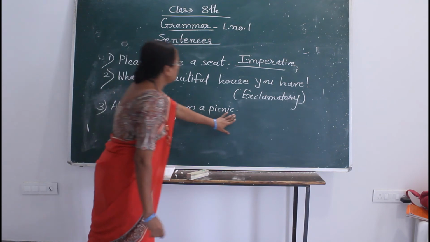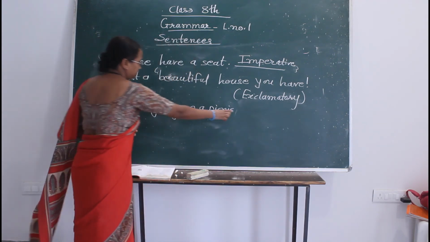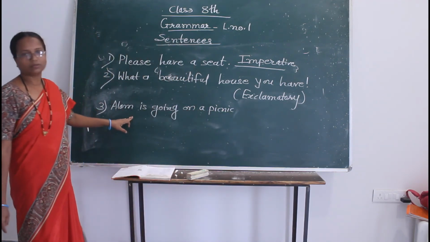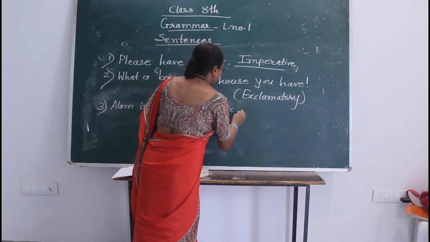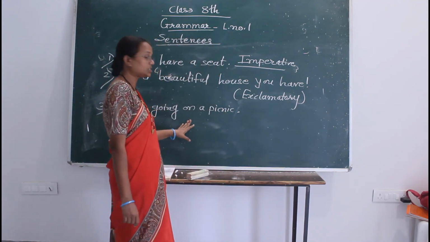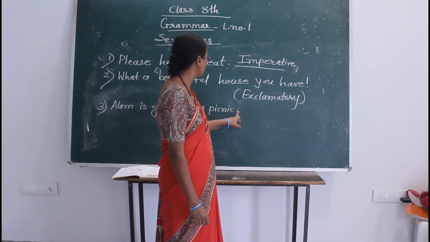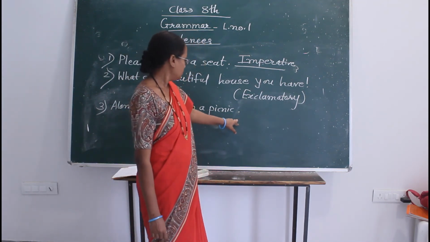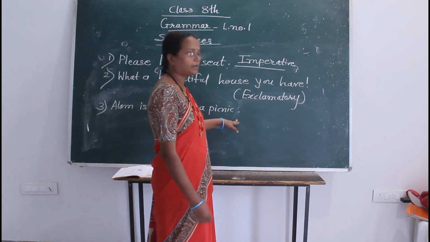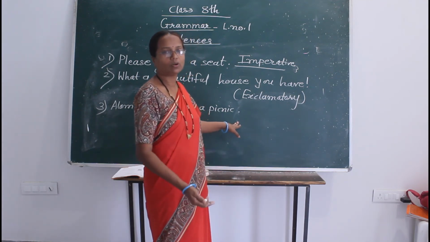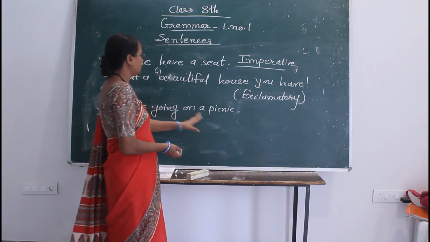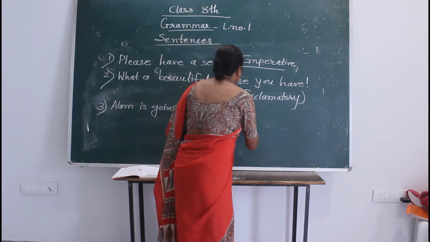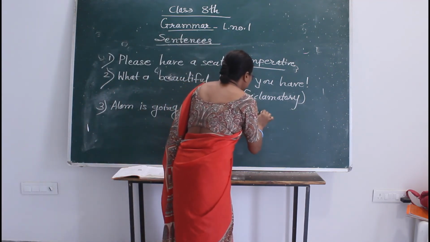It is giving you information about Alam that he is going on a picnic. So it will end at a full stop because it is giving you information about Alam that he is going to a picnic nearby after some time, maybe tomorrow, maybe today. Okay. So which sentence is it? It is a declarative sentence.